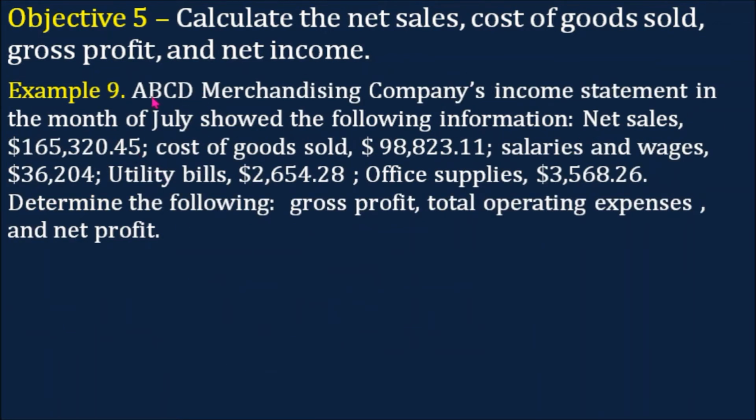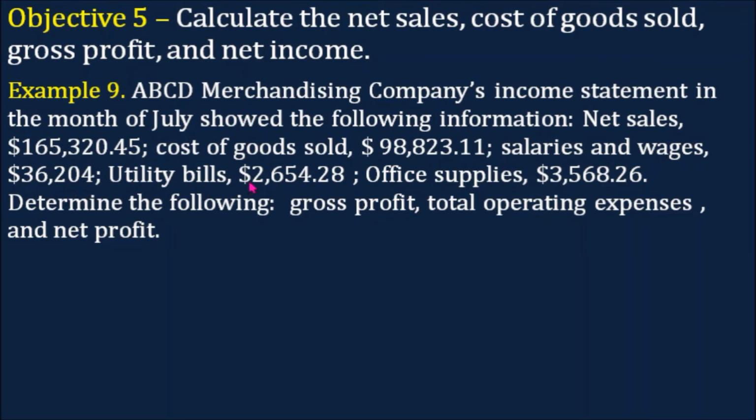Example number 9. ABCD Merchandising Company's income statement in the month of July showed the following information. Net sales, $165,320.45. Cost of goods sold, $98,823.11. Salaries and wages, $36,204.